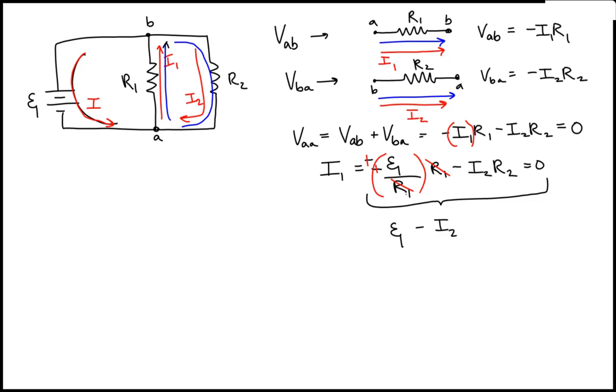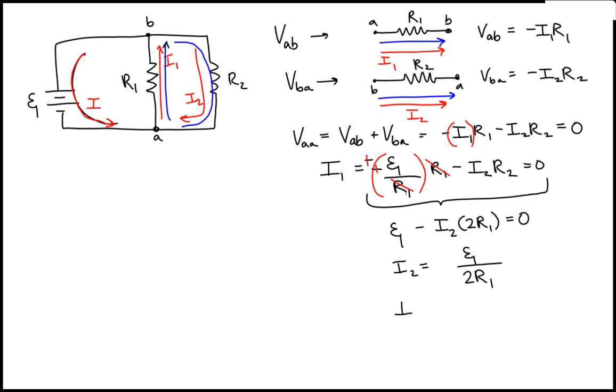Let's go ahead and express R2 in terms of R1. Remember, R2 is twice R1, and this is equal to 0. So current I2 is equal to the EMF of the battery divided by 2R1. Notice how we have a positive current here. What that means is we chose the correct direction for the current through resistor 2, and now we have its value.